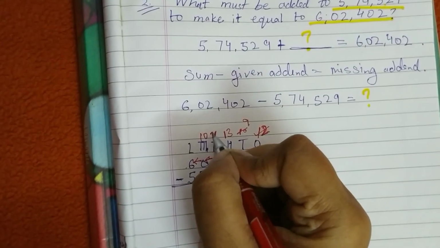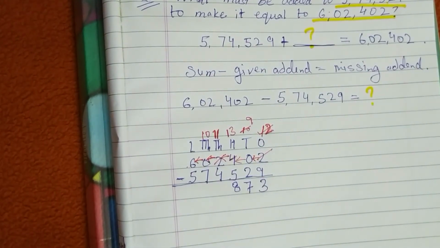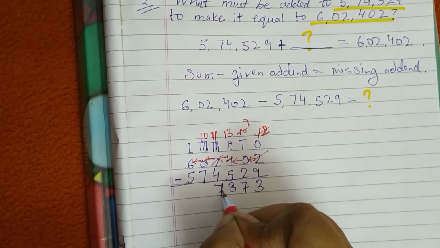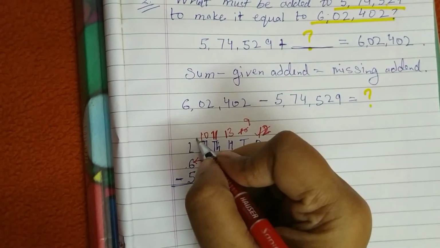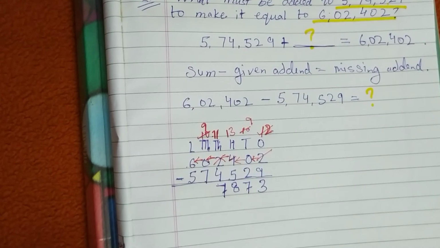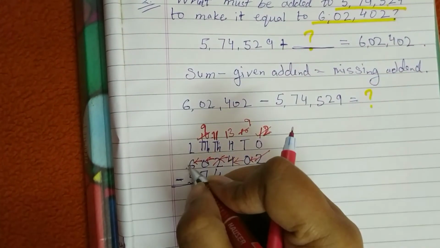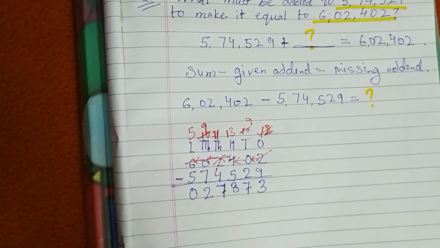Now it will be 11. Can we now subtract? Yes. 11 minus 4 is 7. And this 10 will become 9. 9 minus 7 is 2, and this 6 will be 5. 5 minus 5 is 0.